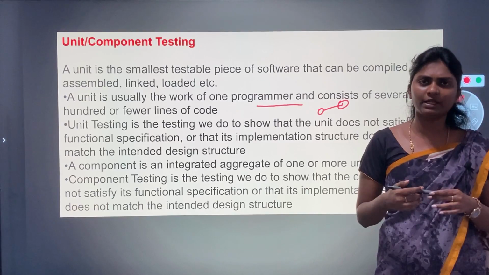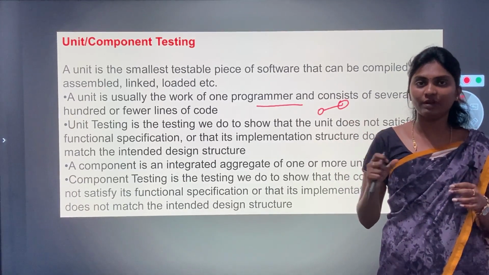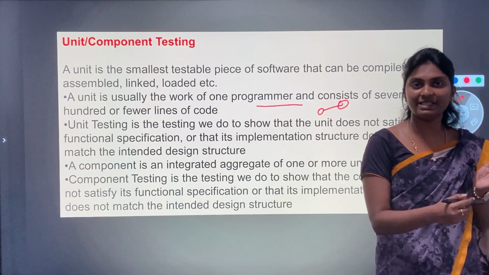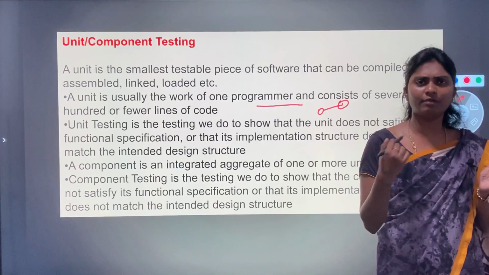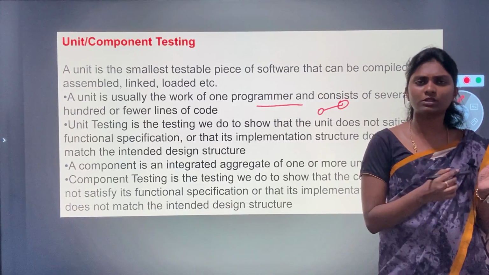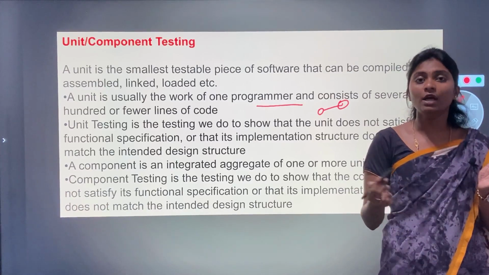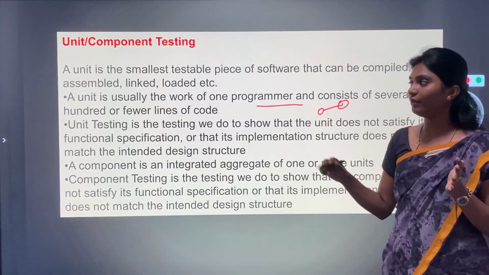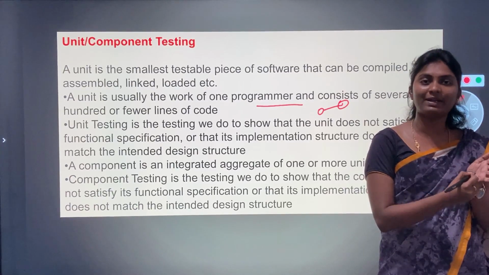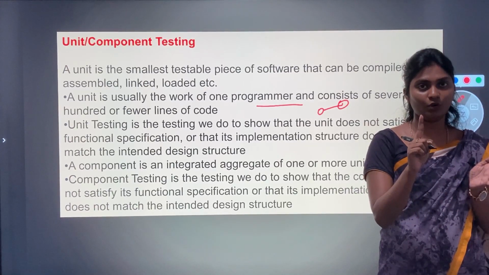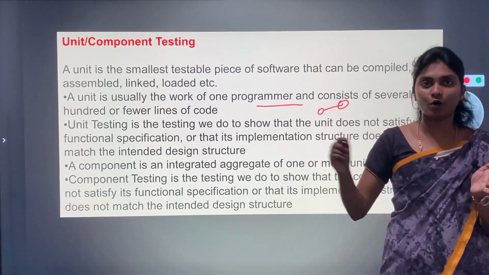Suppose we have implemented the project with some set of code, with a number of lines of code. In software engineering, we know lines of code are calculated by the COCOMO model. But in this testing, we will find that 100 lines of code will be calculated as one unit test. One system test we can calculate and we can modify that.